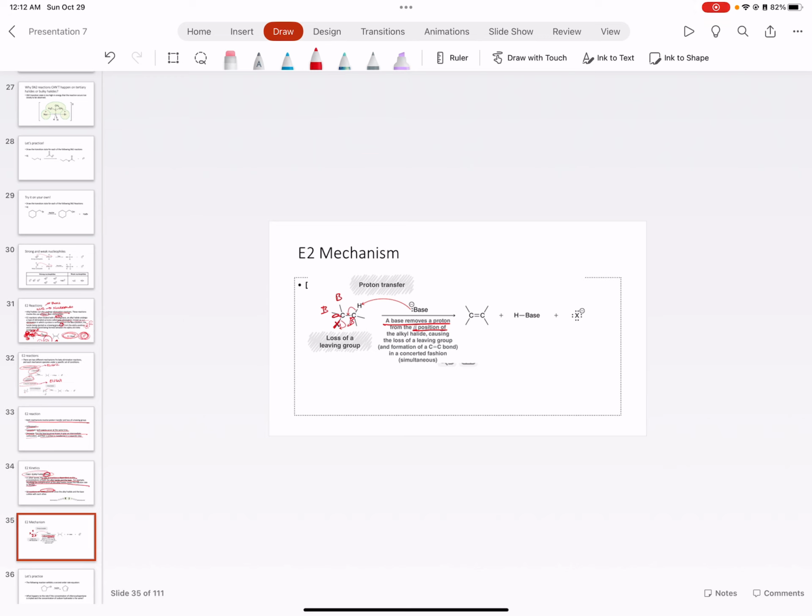This causes a loss of the leaving group, and like we saw previously, we're able to form a carbon-carbon double bond, and we would end up with something like this. And of course, our base with a hydrogen and our halide all by itself.